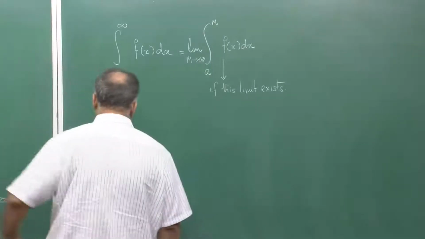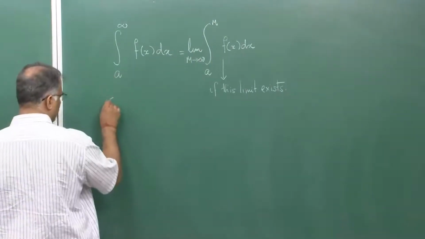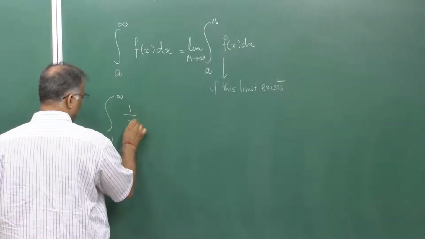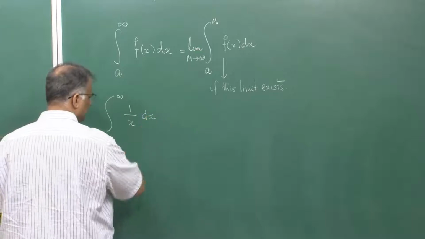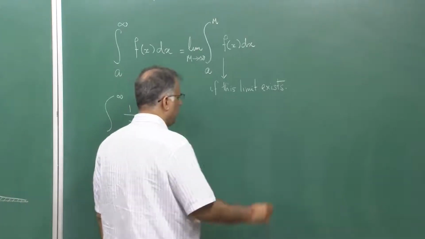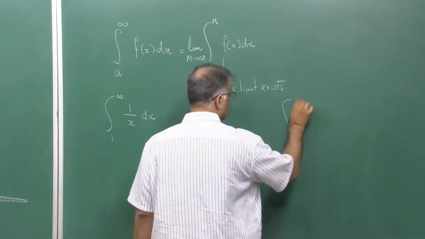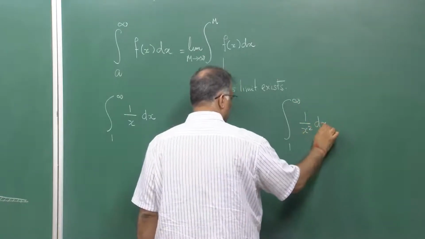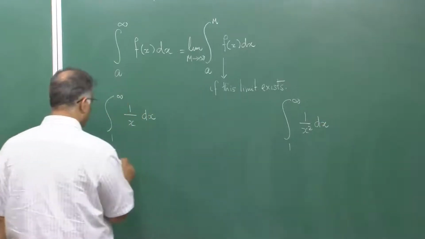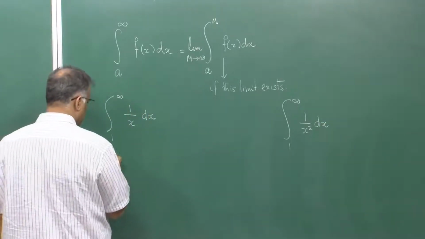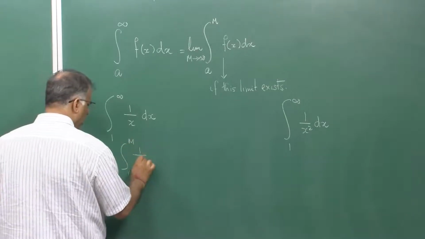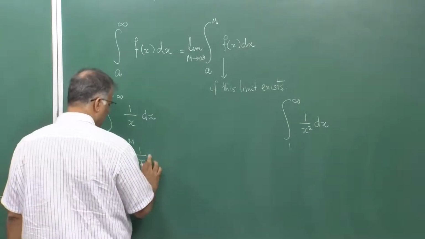Okay. So, let us have these two tests, one for the integral from 1 to infinity of 1 by x dx, and another for the integral from 1 to infinity of 1 by x squared dx. Let us first compute the integral from 1 to m of 1 by x dx.